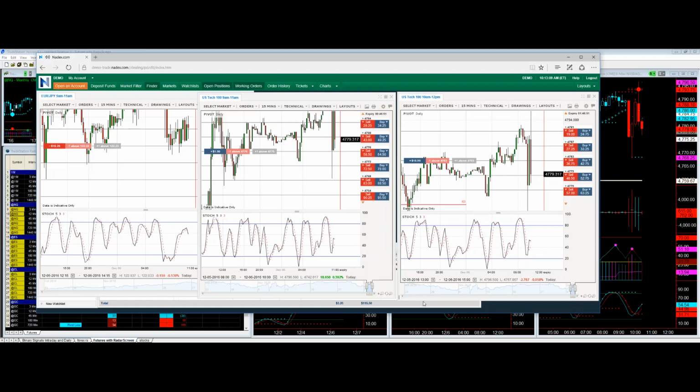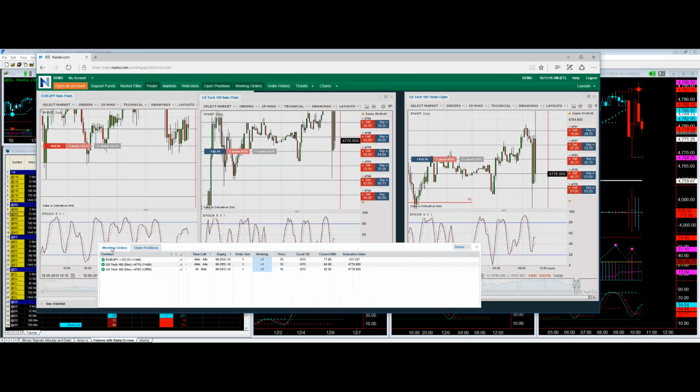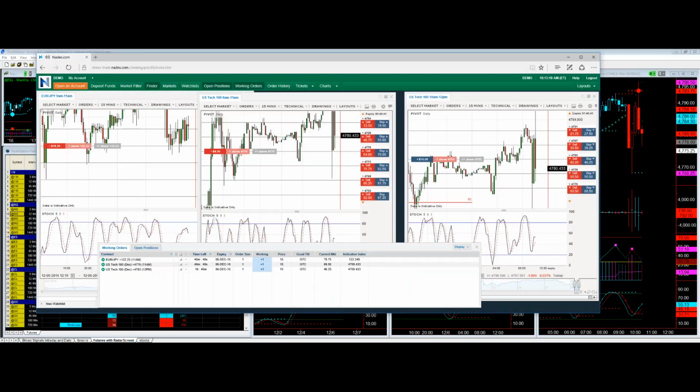And let's see, on these, you can see I've got working orders at 15. I'm actually short, so I'm buying back at 15. And that simply tells you that you are watching the buy price.